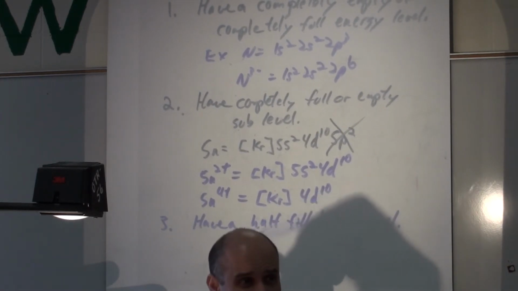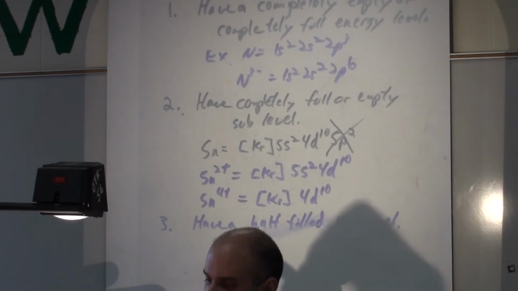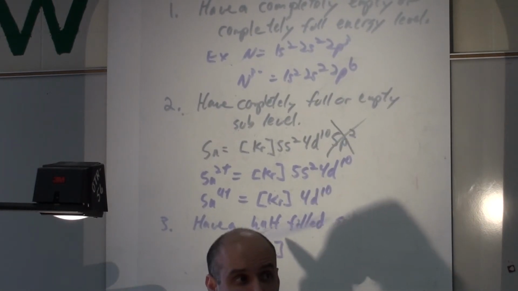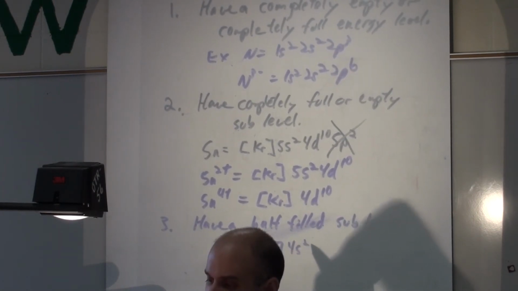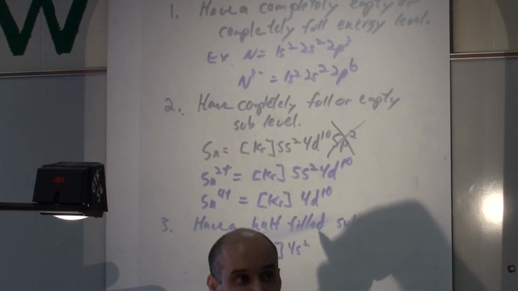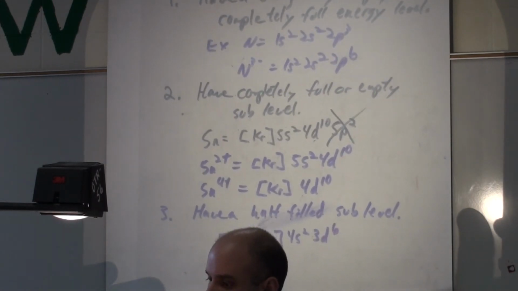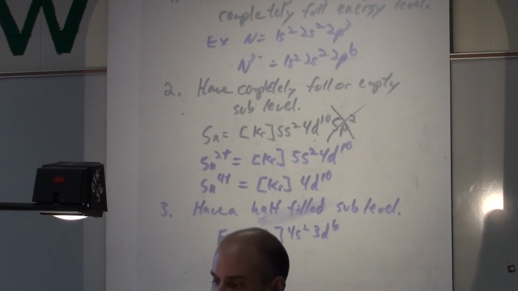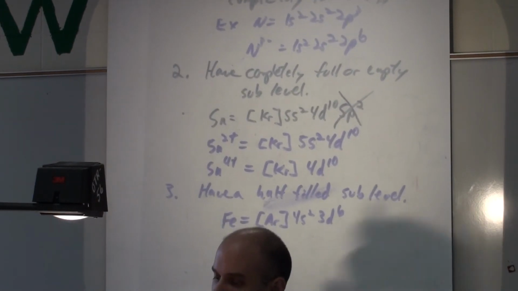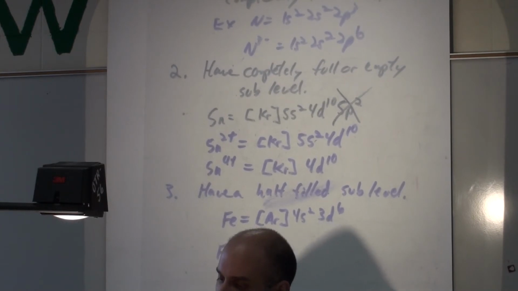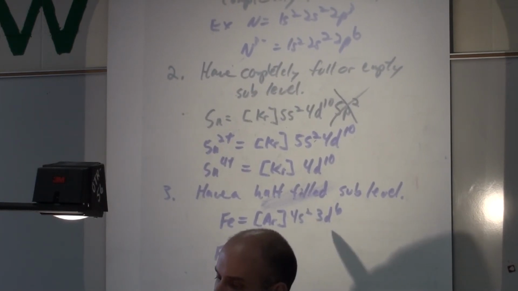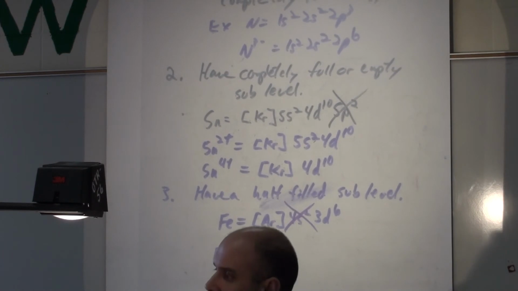Okay, iron is argon 4s2 3d6. So if iron gets rid of that 4s2, I just got rid of the whole 4th energy level.